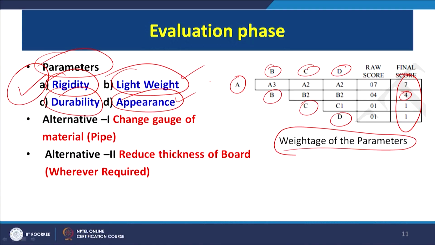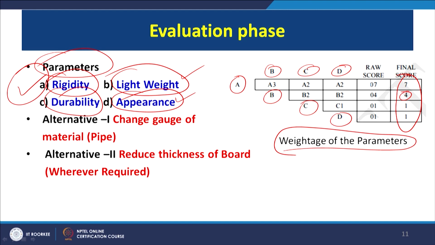Why appearance? Because in most of the cases you will see that the divan will be covered with a bed sheet or the mattress. So, the mattress will be covering the divan with a bed sheet. So, the appearance may not be that significant a parameter which can influence our decision.